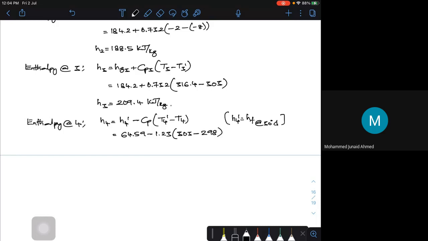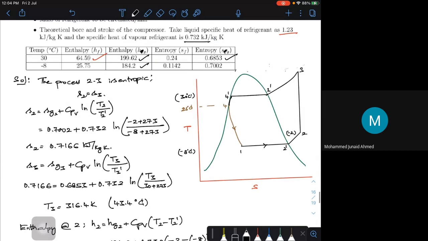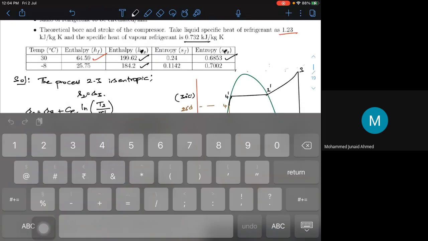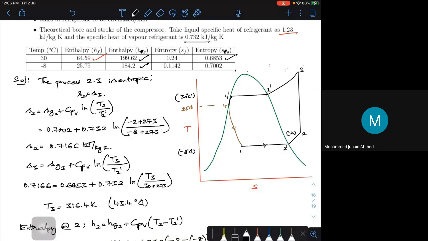Whatever it may be, 30 minus 25, we can put it because it is delta T. Therefore, your H4 is equal to 58.44 kilojoules per kg, which is also equal to your H1. Because 4 to 1 is an isenthalpic process, H is constant, so H4 is equal to H1.